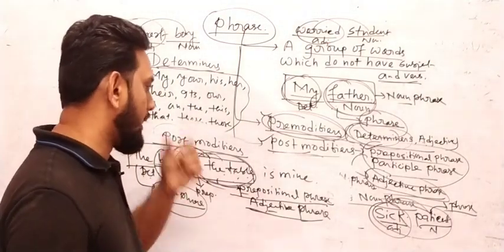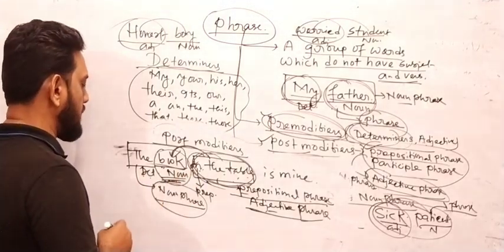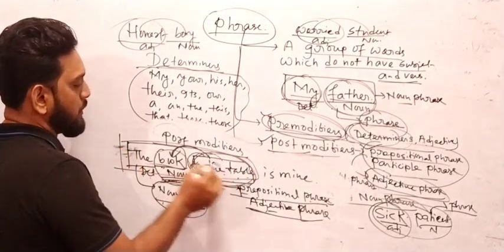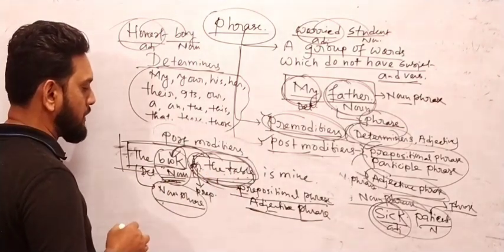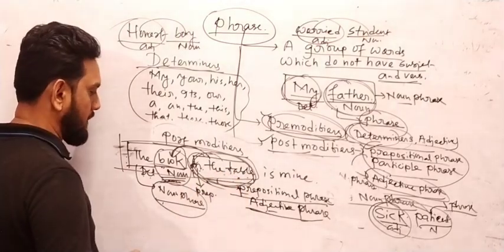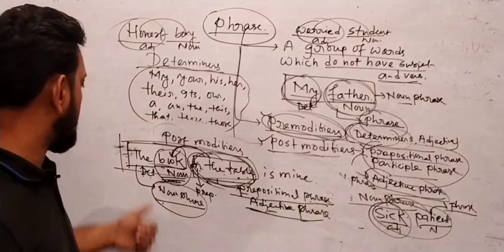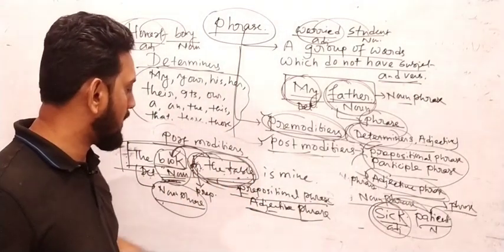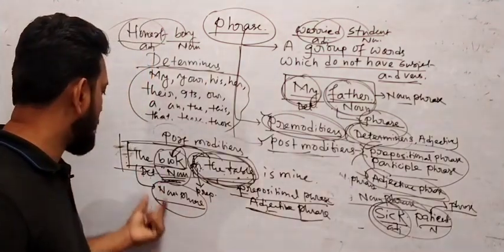Next, you might ask me the question: sir, from the to table, what kind of phrase is it? Most of the students get confused in this part. You told me that on the table is an adjective phrase, and that the book is a noun phrase.